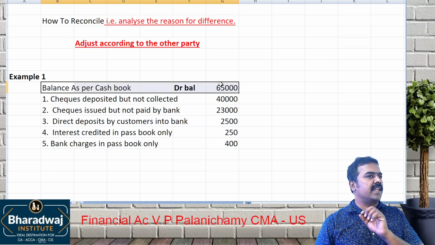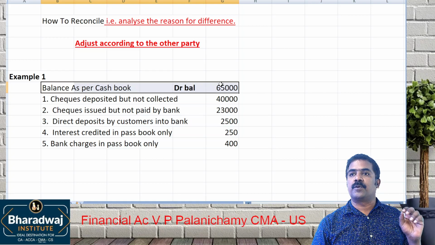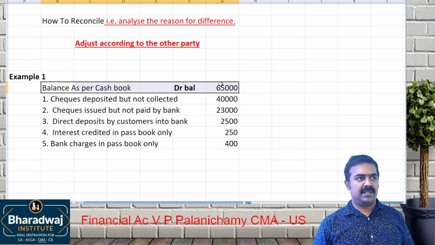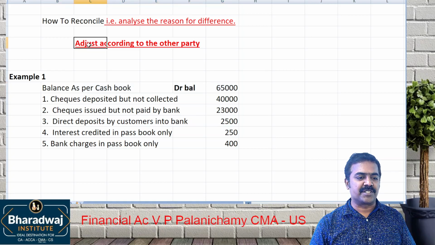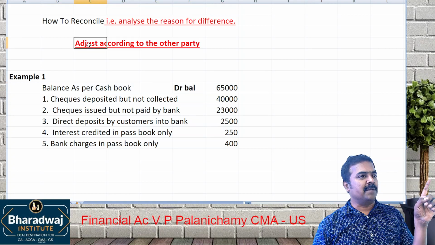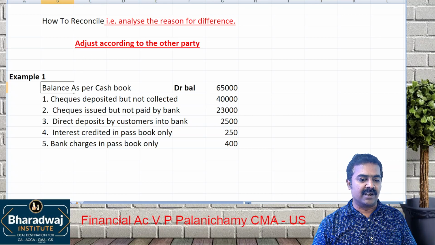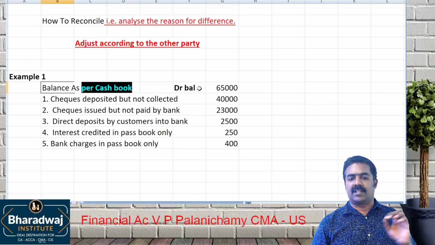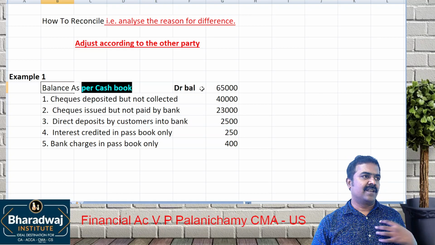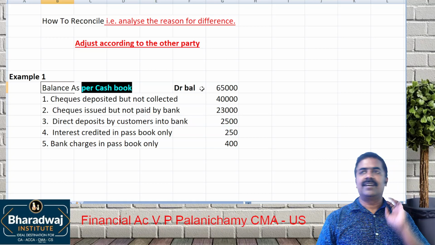So when we start with balance as per cash book, which is maintained by the customer, who is the other party? Bank. Simple. Adjust according to the bank. When your starting point is balance as per cash book, we are customers, and we have to adjust our record according to the other party.